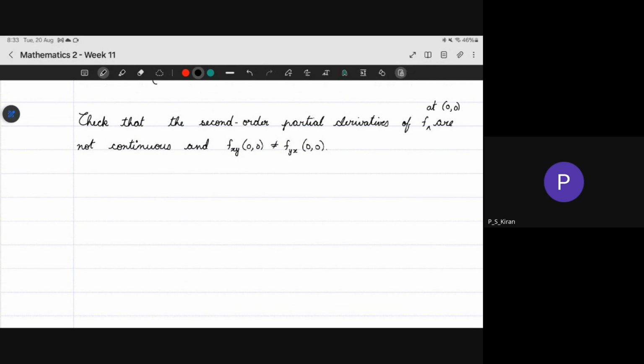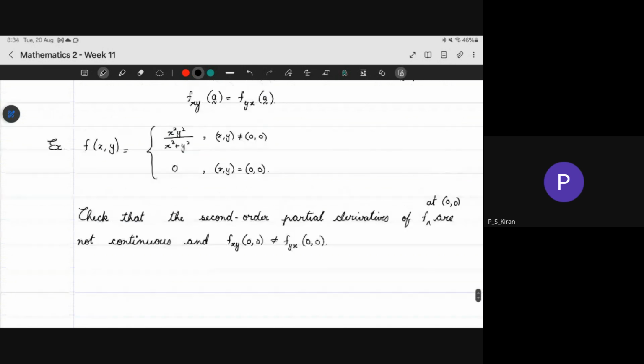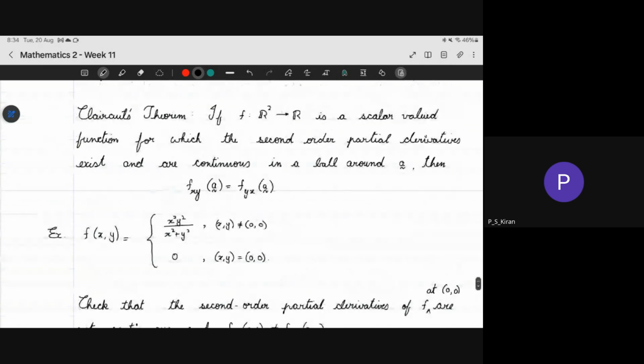Sir, what does this equation say as per the rate of change of the function? It does not say anything about the rate of change of the function. It just says that the order in which you take the derivative does not matter for a well-behaved function.